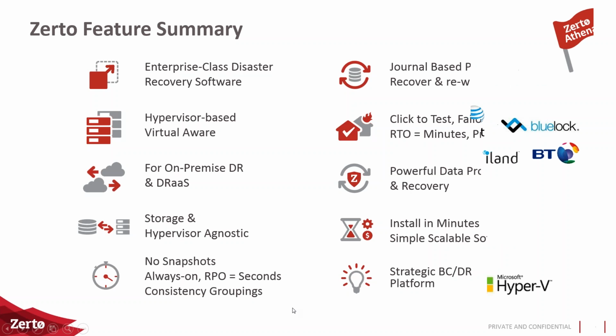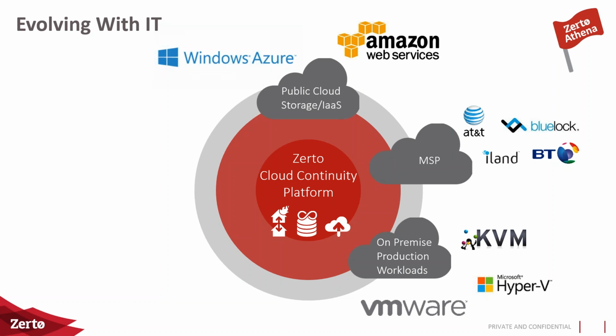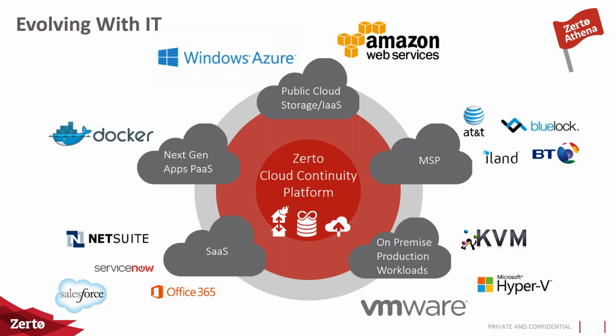And this is the second to last slide. Evolving with IT, that's absolutely our goal. We started with hypervisors, working with managed service providers, and then going to public cloud. And then we'll be adding more and more public clouds, more and more hypervisors as you ask for them. We want to make sure that we're becoming a strategic investment for you.